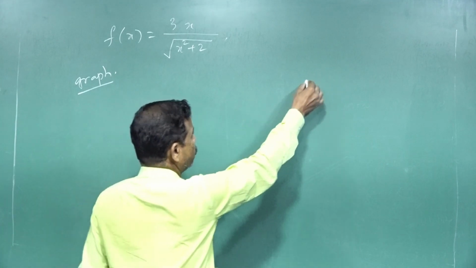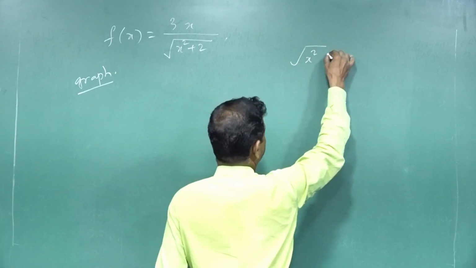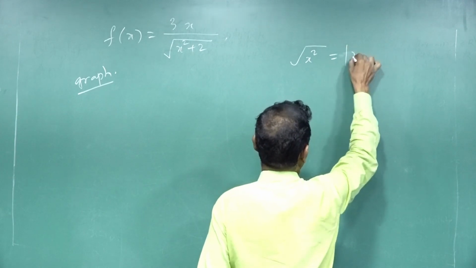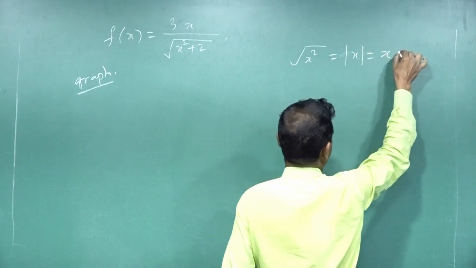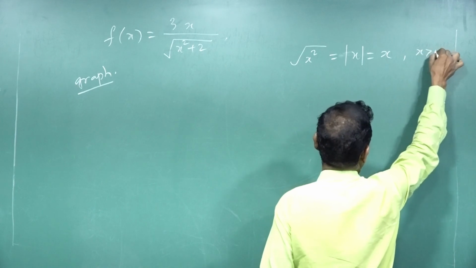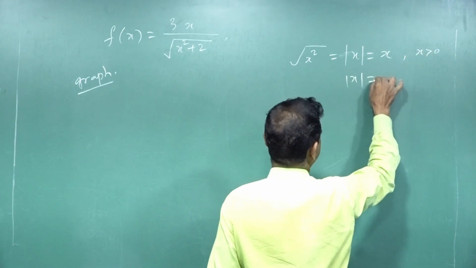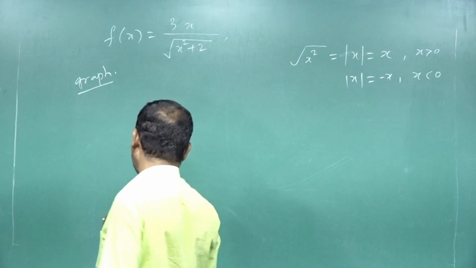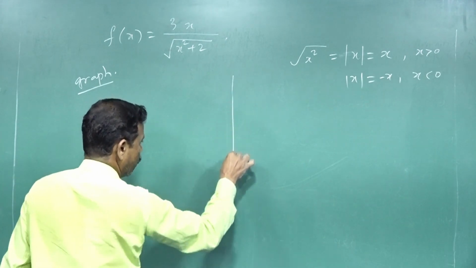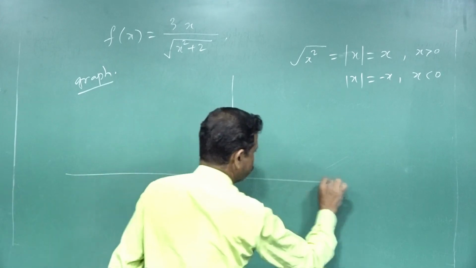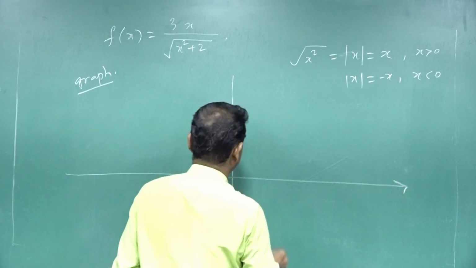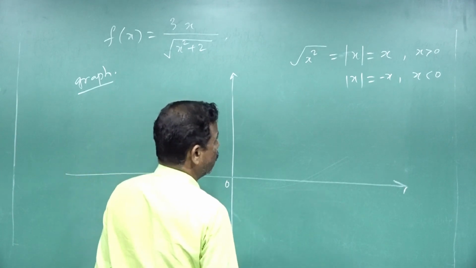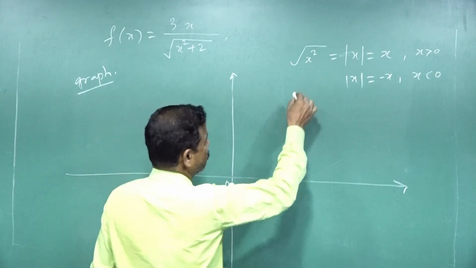Before this, the under root of mod x square comes as mod x. Mod x means plus x if x is greater than 0, and mod x is equal to minus x if x is less than 0. What does this mean?